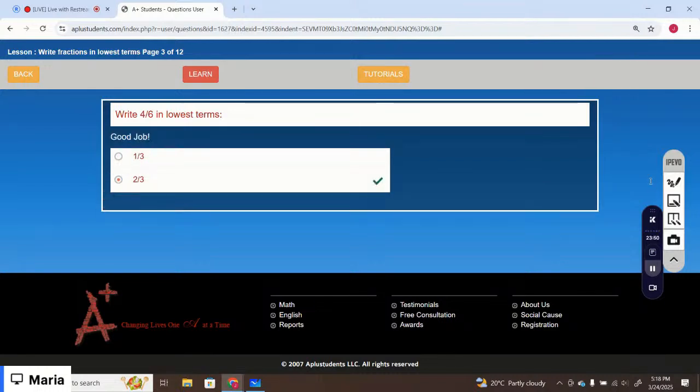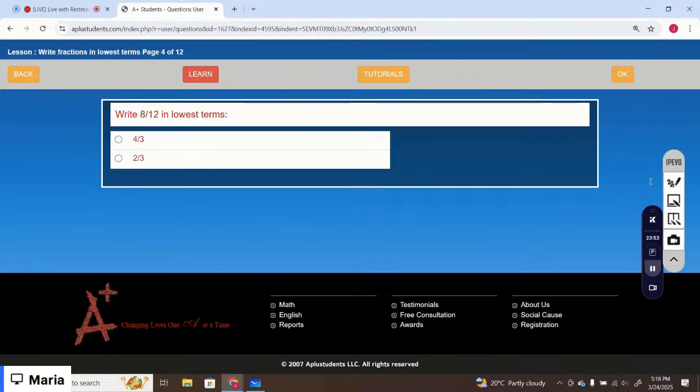That is 2 by 3. Right? 8 by 12 in lowest term. The correct option is 2 by 3. Option number 2 is the correct option.